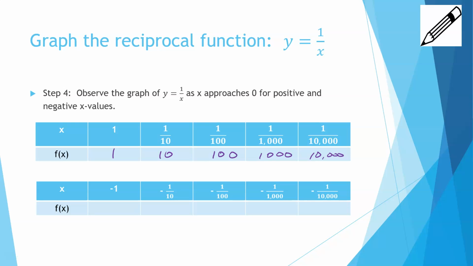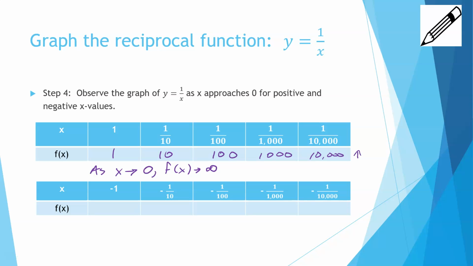Remember, we're going from 1 to 1/10 to 1/100th, so x is getting closer and closer to 0. So as x approaches 0, f of x approaches, and let's look at what those f of x values are doing. 1, 10, 100, 1,000, 10,000. These are getting bigger and bigger, and they're going to get bigger and bigger forever. So we say that that is going to infinity.